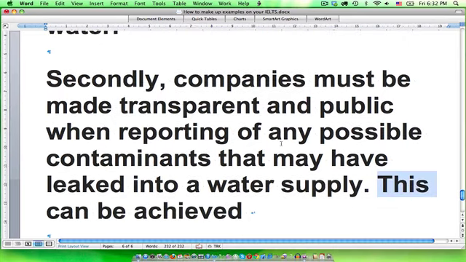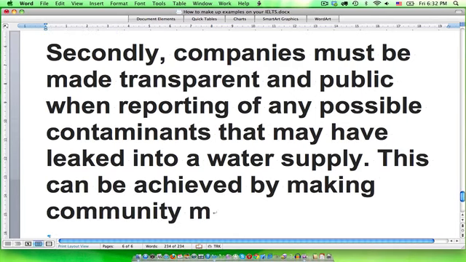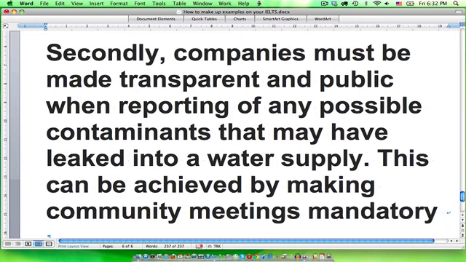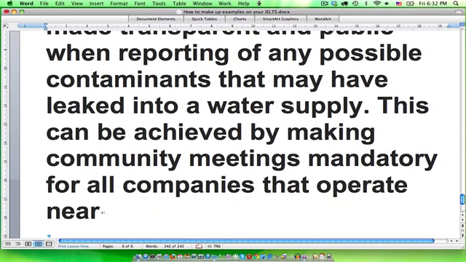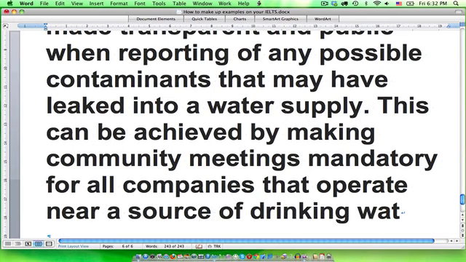We're referring to the idea that was brought up before, a bit of cohesion, by making community meetings mandatory for all companies that operate near a source of drinking water. Let's see, does this make sense? This can be achieved by making community meetings mandatory for all companies that operate near a source of drinking water.